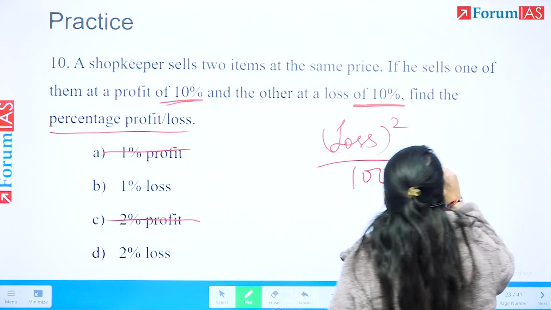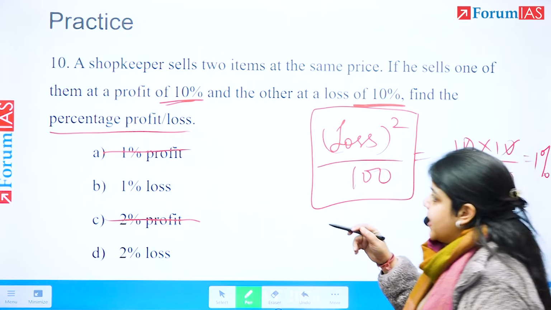So a shopkeeper sells 2 items at the same price. On one he is gaining, on the other he is losing. It will always be a loss, and the formula is loss square divided by 100. There's just one formula in profit and loss apart from the basic formula. Okay?